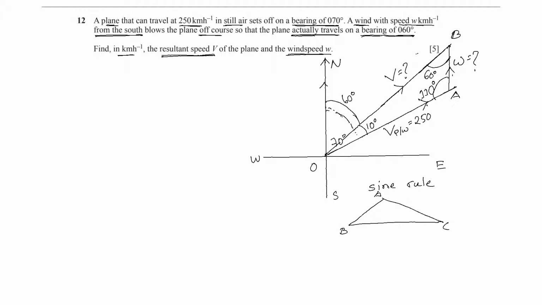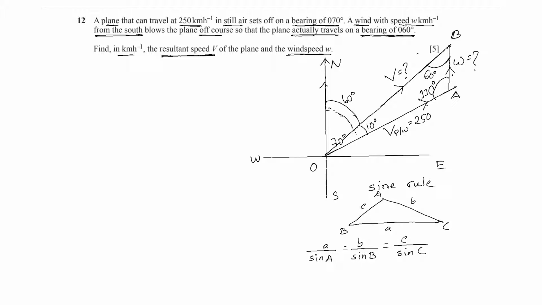Let the length of the side BC be a, the length of the side AC be b, and the length of the side AB be c. Then according to the sine rule, we can write a over sine A is equal to b over sine B is equal to c over sine C.